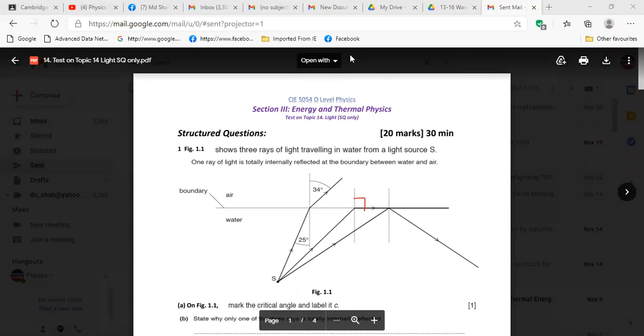So your angle of incidence you should calculate from the normal, right? Here is the normal. So from normal to incident ray, it should be your angle of incidence, and that is your critical angle, isn't it?